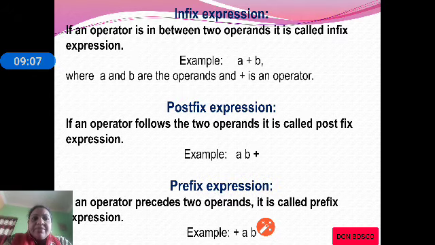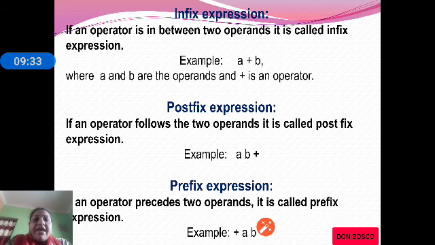Infix expression. If an operator is in between two operands, it is called an infix expression. For example, A plus B. Plus is in between A and B, where A and B are the operands and plus is an operator.